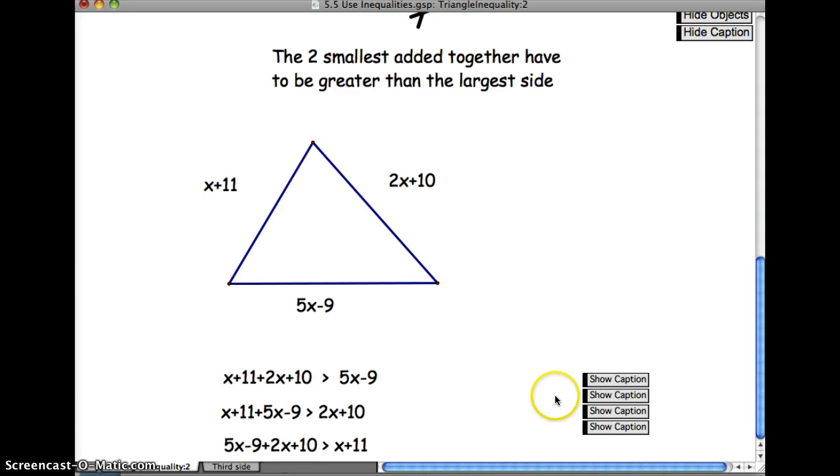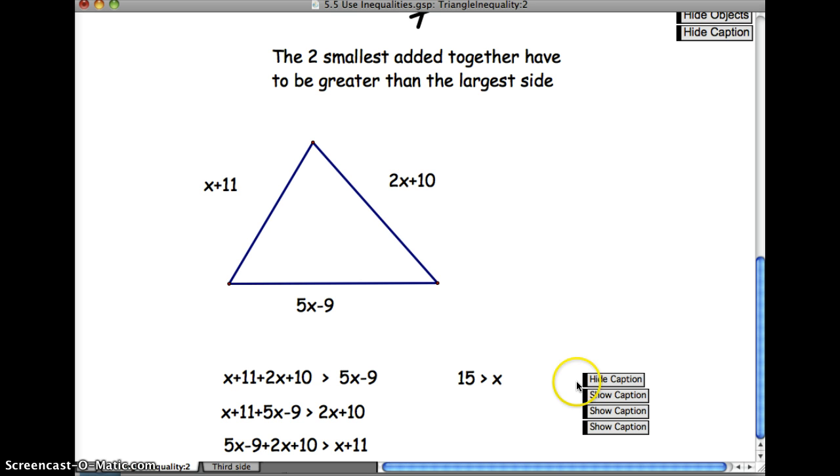When I solve this inequality for x, I'm not going to go through that process. But when I solve this inequality for x, I end up with 15 is greater than x. So right now, based on my work, I can say that my x value must be less than 15. So any number less than 15 at this point in time will work for that to make those triangles.